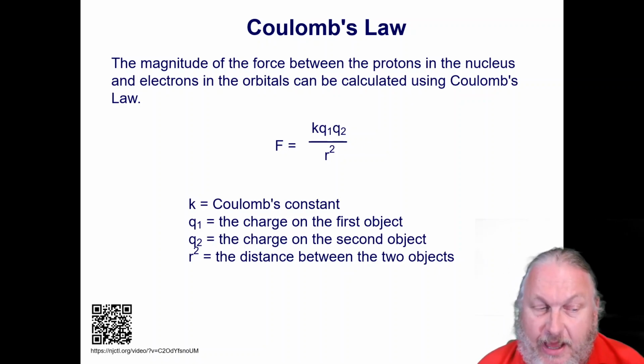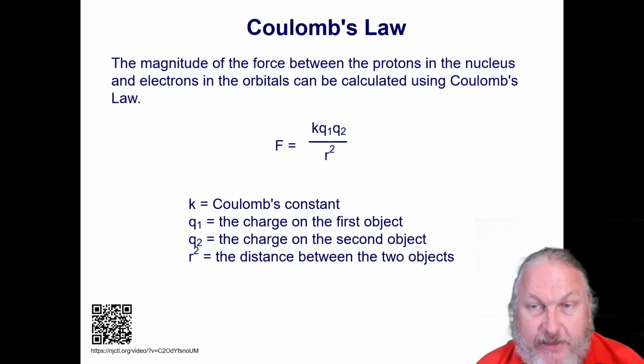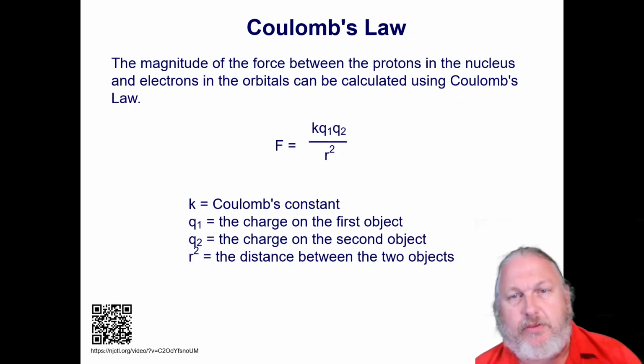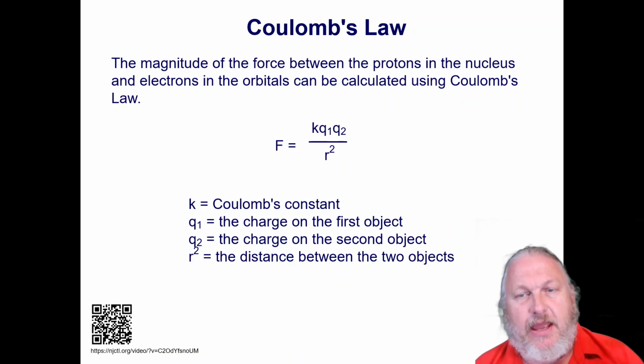When you get into class, you'll see 3 or 4 posters that I created that show this law right here. What Coulomb's law says is that the magnitude of the force between the protons in the nucleus and the electrons in the orbitals can be calculated.